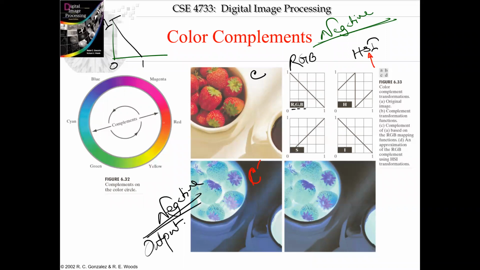For example, if you have full red, what is the negative color of red? Cyan, right? Now, if you have full red, in your negative image you want the fullest amount of cyan.